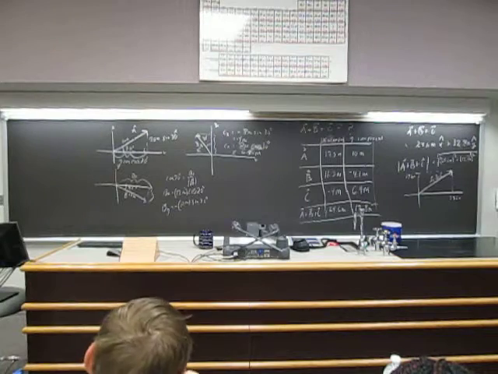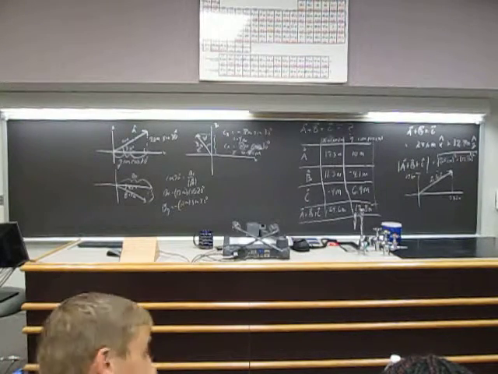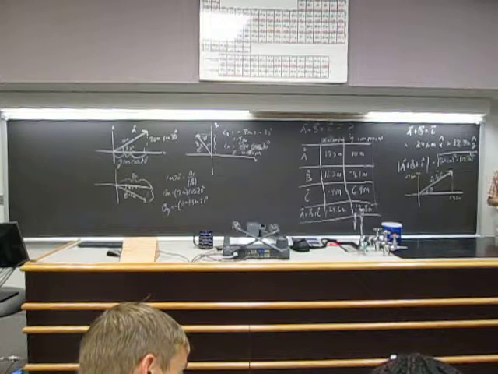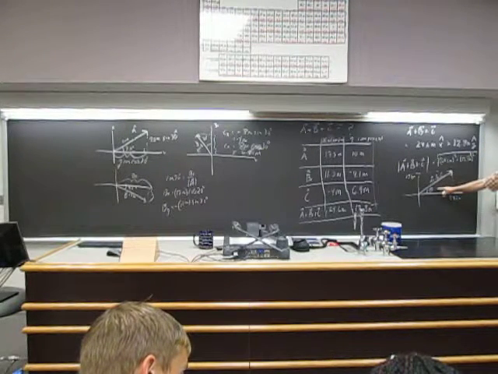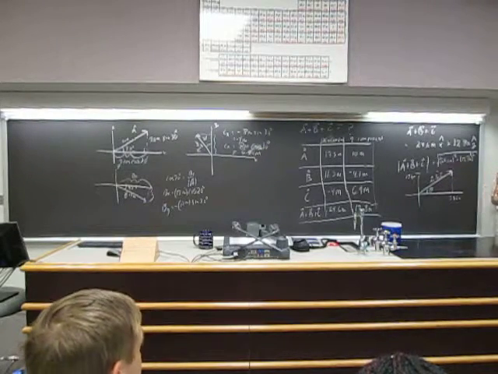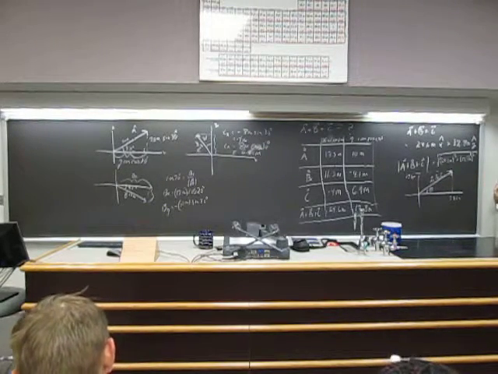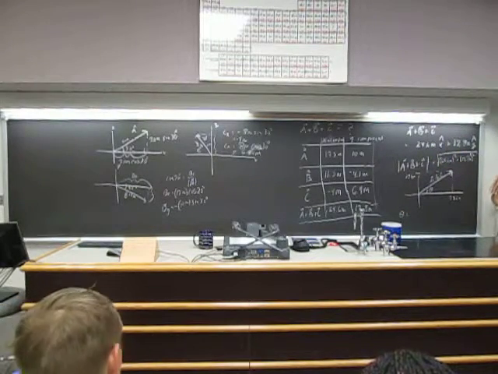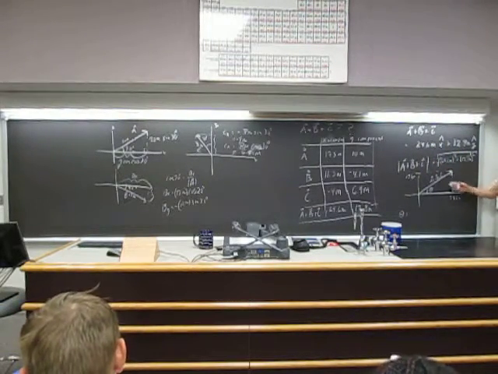Okay, does that make sense? How about the angle here? This was an angle we were supposed to find, wasn't it? How do you find that angle? That's right, we take the arctangent of this side over this side.